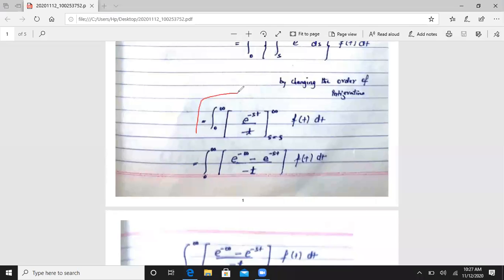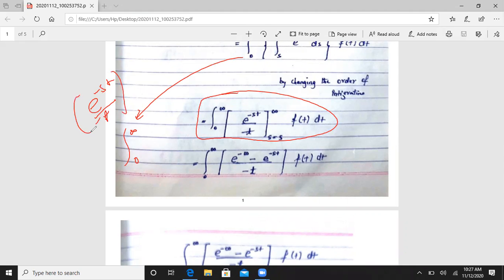So the integration from 0 to infinity is our outside function, and integrating e to the power minus st with respect to s gives e to the power minus st divided by minus t, with limits s to infinity, and f of t dt as it is.